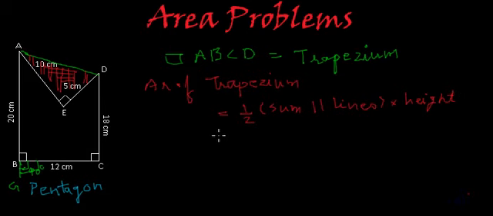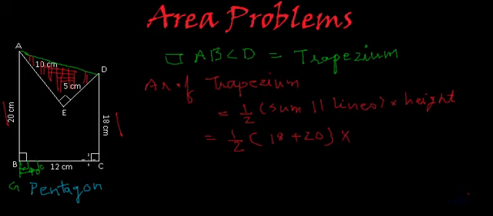So what is the length of parallel lines? They are 18 plus 20, these two were parallel lines. This is a parallel line and this is a parallel line, which are of length 18 and 20 respectively, and multiplied by height. What is the height?